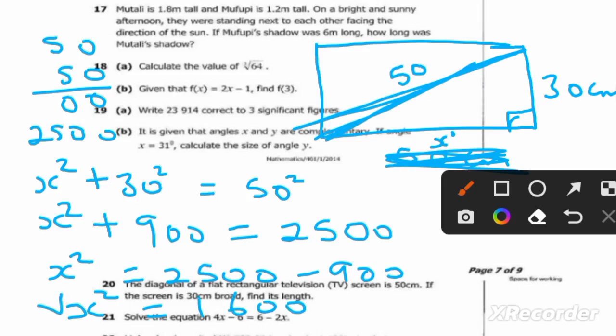So the square root of 1,600 is equal to 40. So our answer is 40 centimeters.